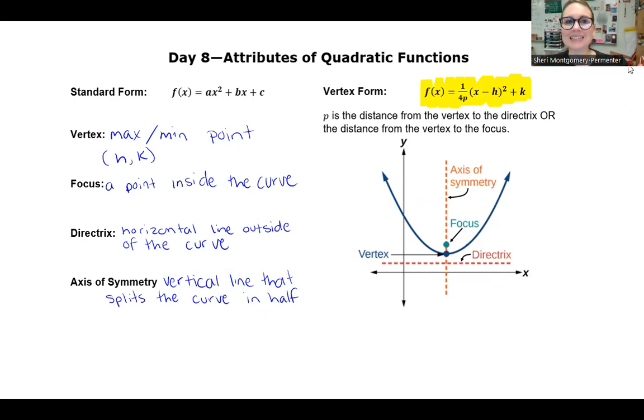So that distance from the vertex to the focus, or the vertex to the directrix, whatever it is, is called P. And this doesn't make a whole lot of sense until we do some of these problems that you're going to see on the district assessment. So this is a pretty important form of the equation. So we're going to be referring back to it.